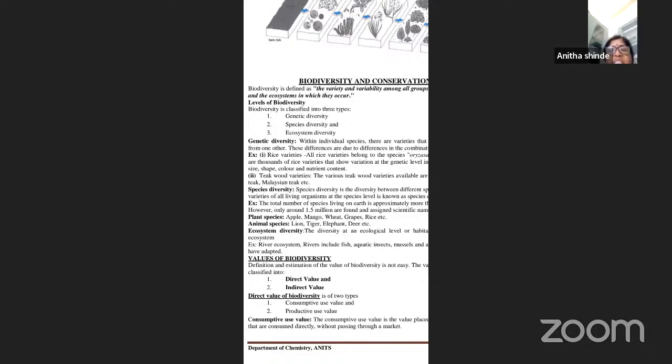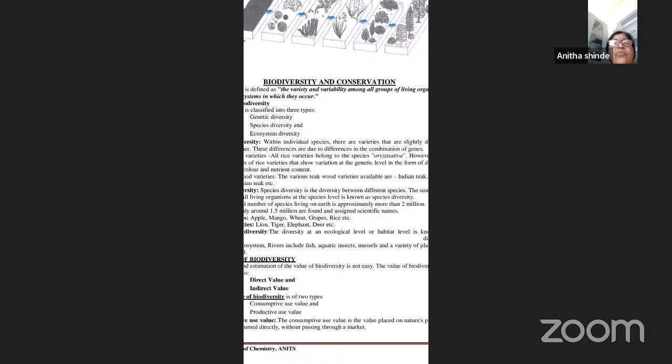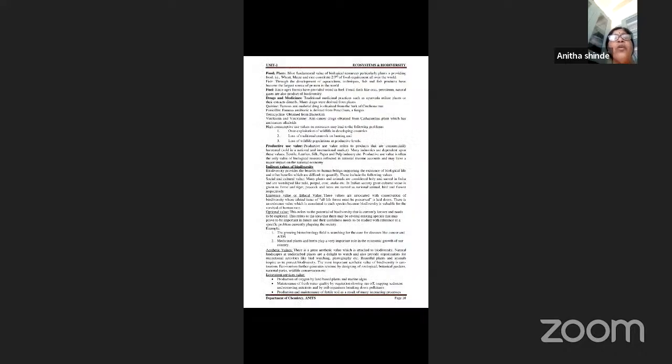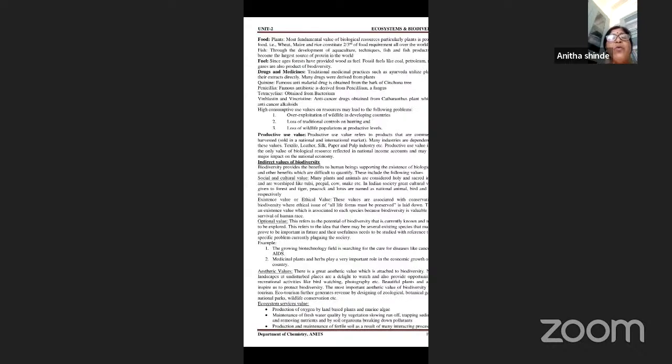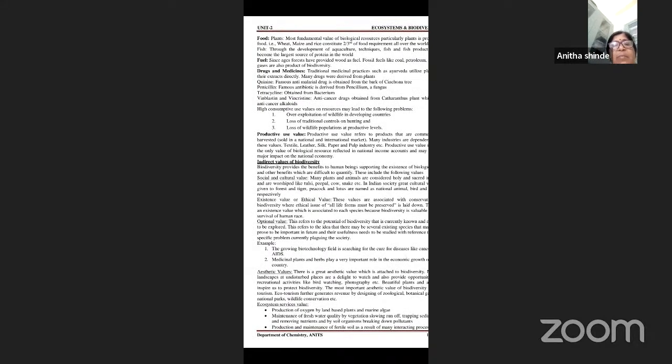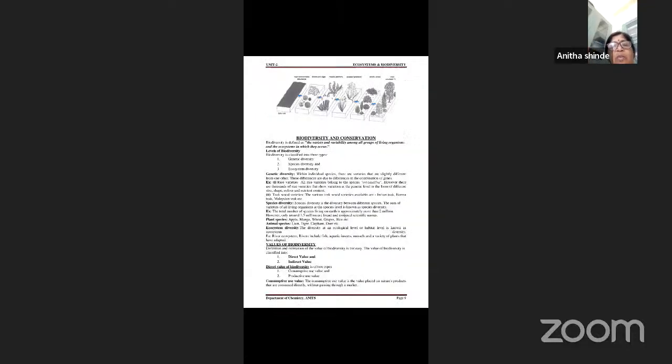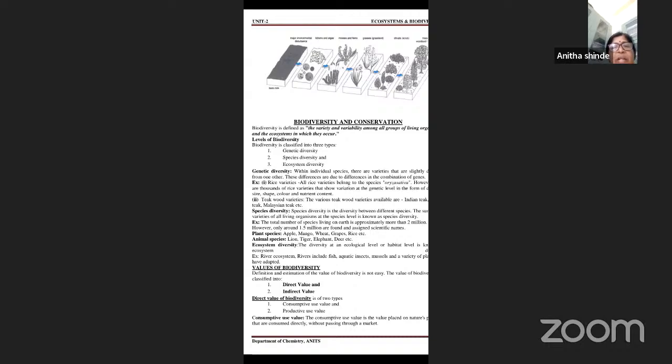Consumptive use value is the value placed on nature without passing through the market.